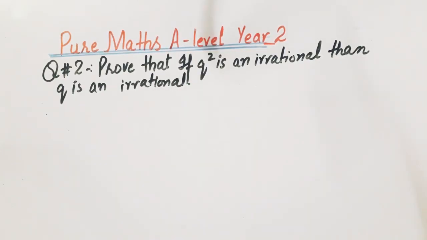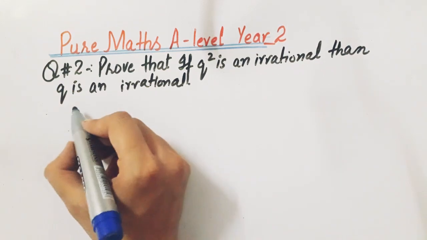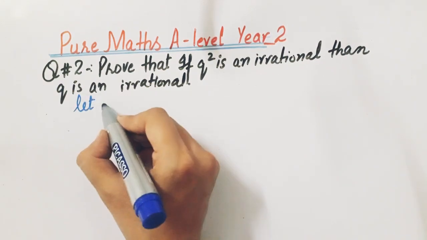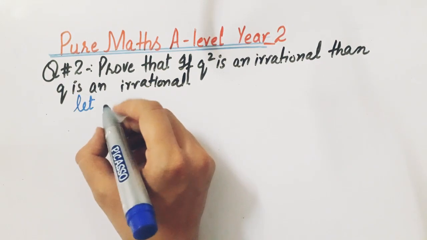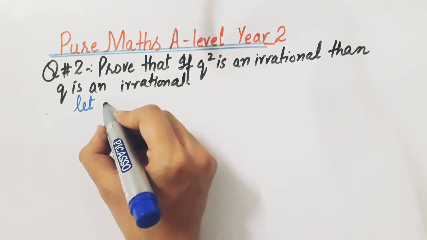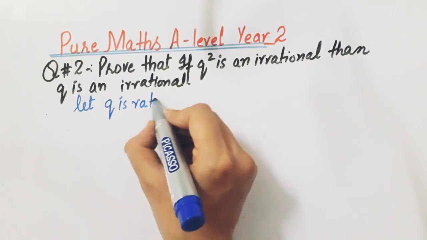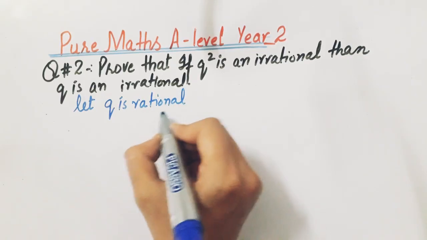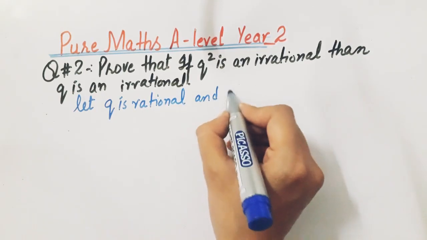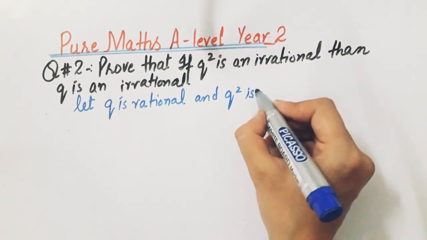So we assume that q is rational and q squared is irrational.